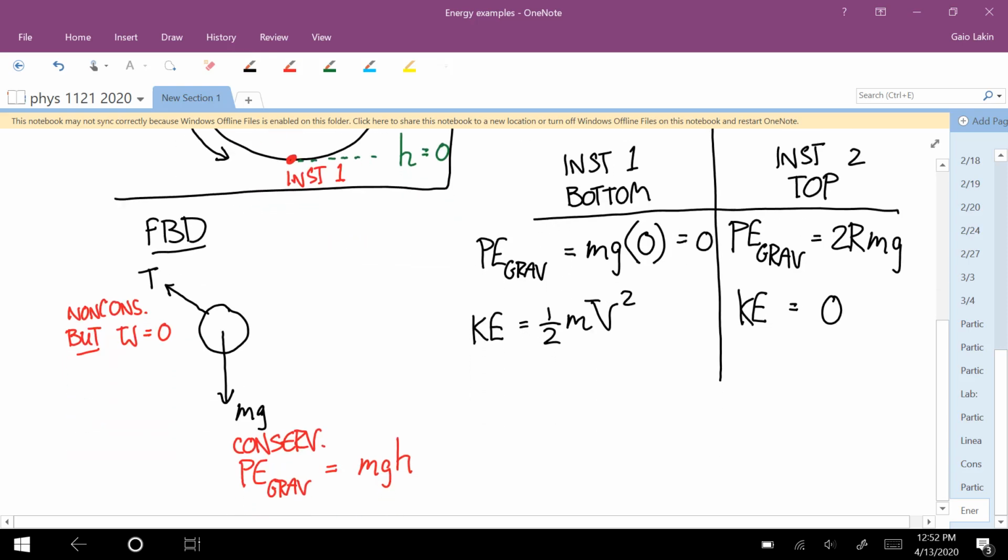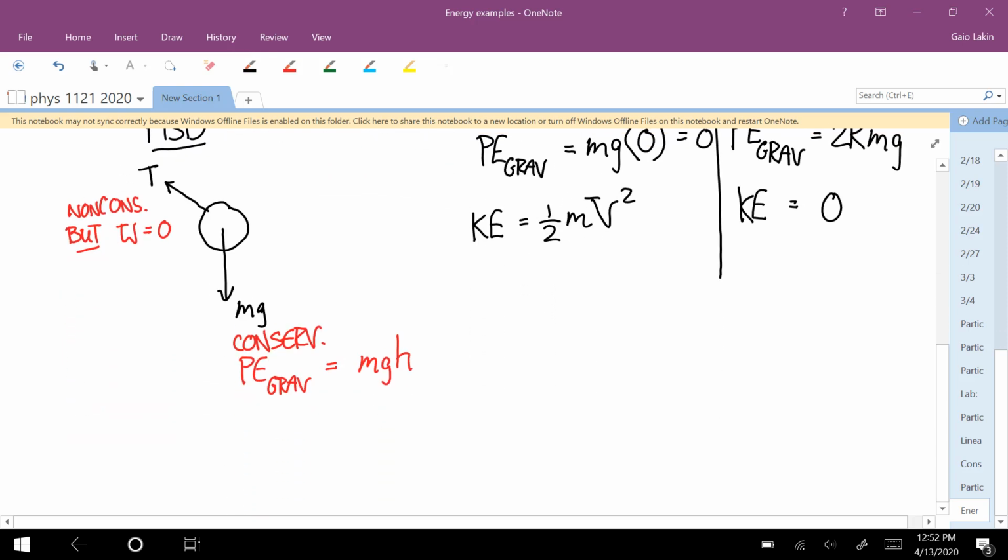And now conservation of mechanical energy, the equation says add up the potential and the kinetic energy at that first instant, and that has to equal the sum of potential and kinetic energy at the second instant.